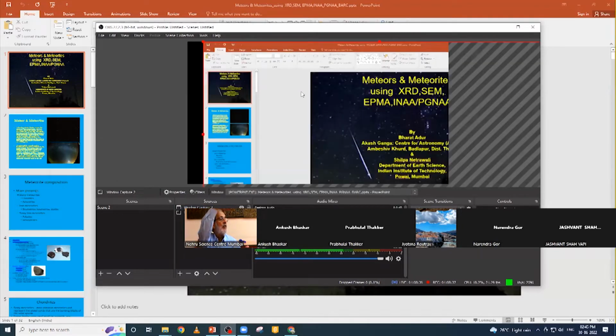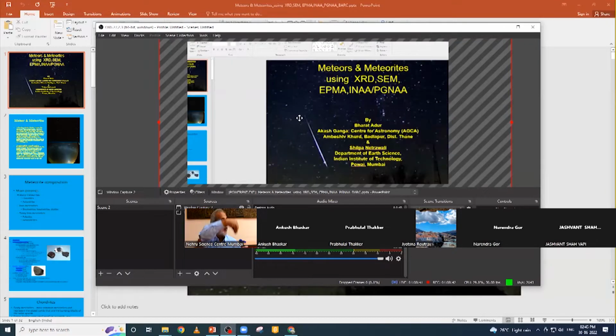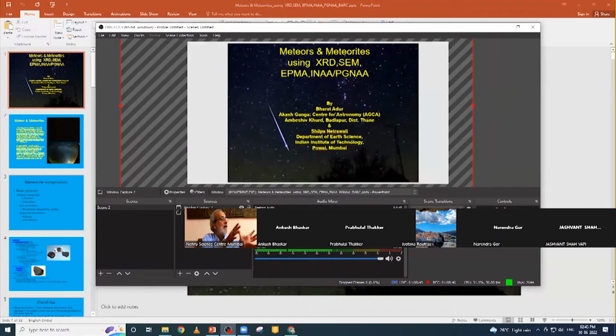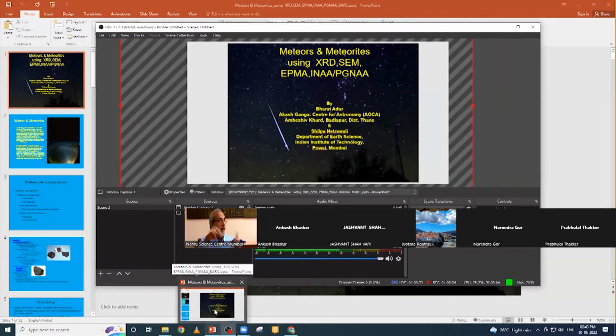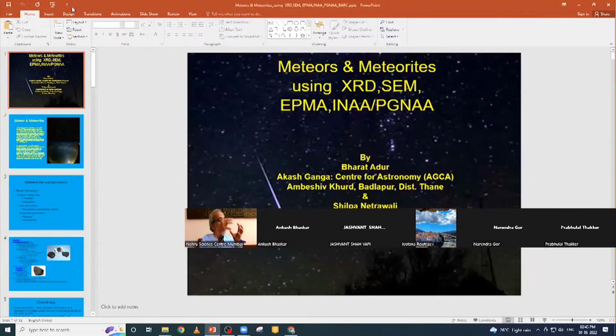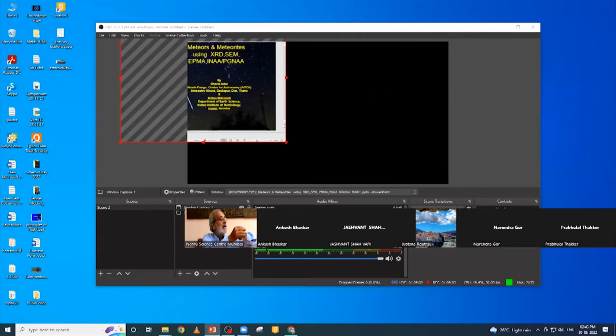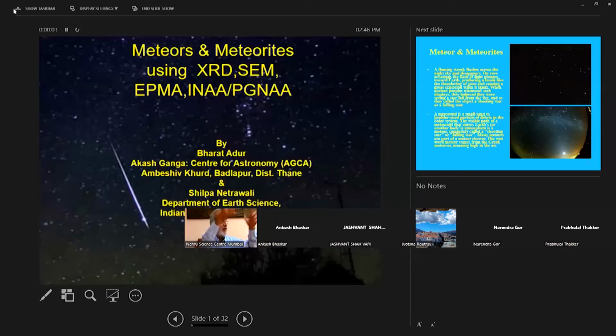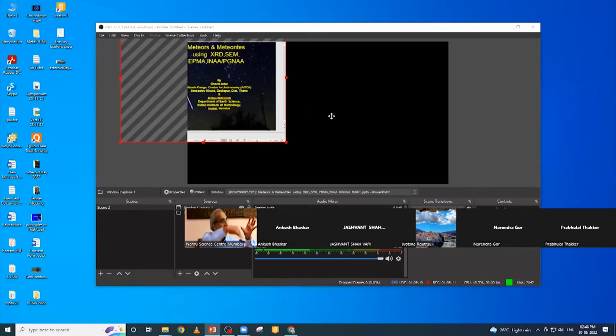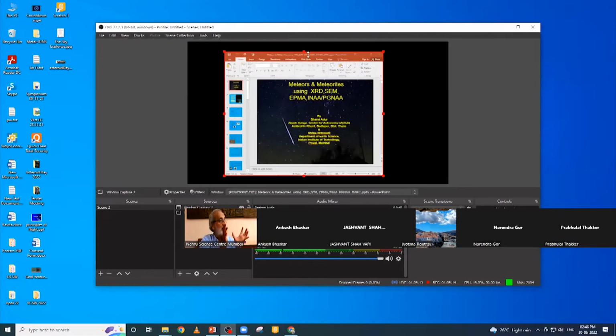Basically in SEM, what they do is they have electron beams going and hitting the source. And then you get a very highly magnified view of that same meteorite and how it has been formed. As earlier experts have told, when you get a meteorite down, there are two components. The head part of it is completely burned. You remember Kalpana Chawla's space shuttle, when it came down, the whole thing caught fire.